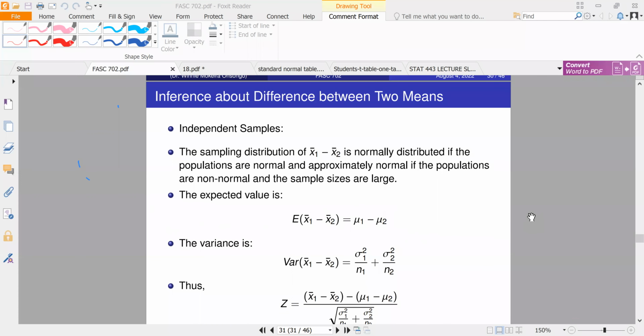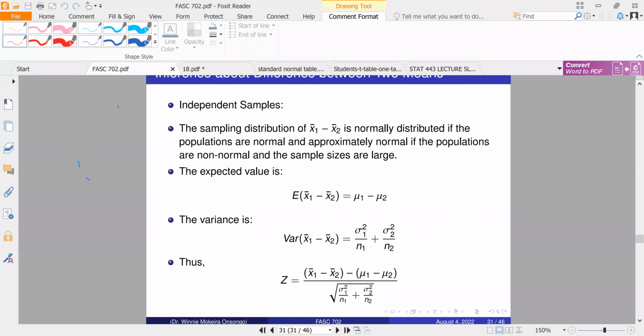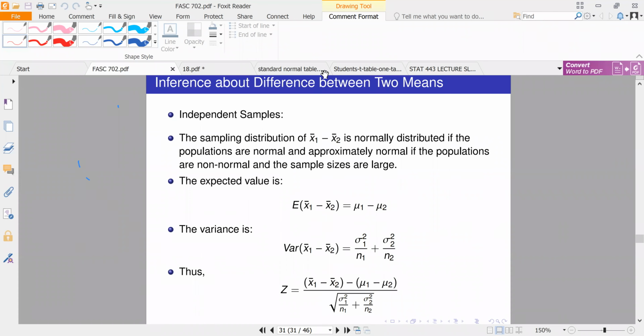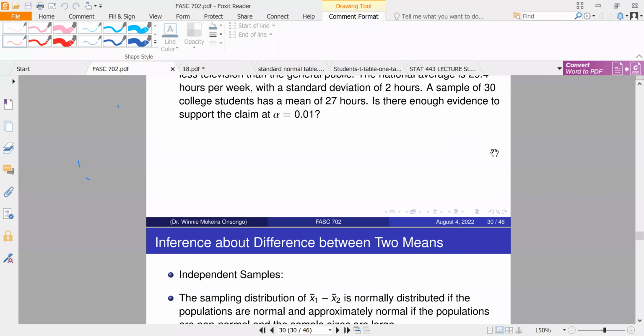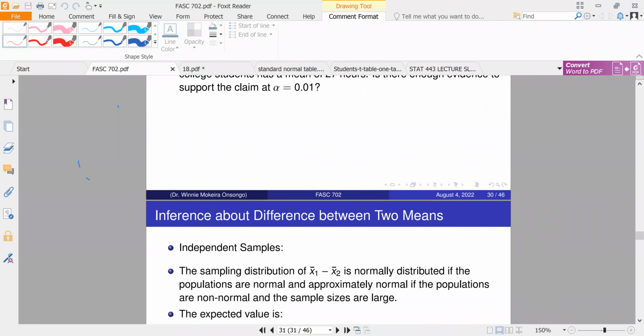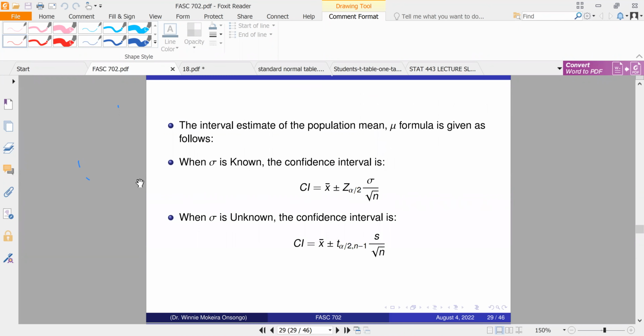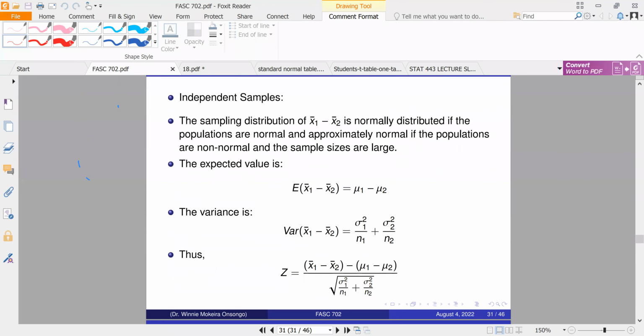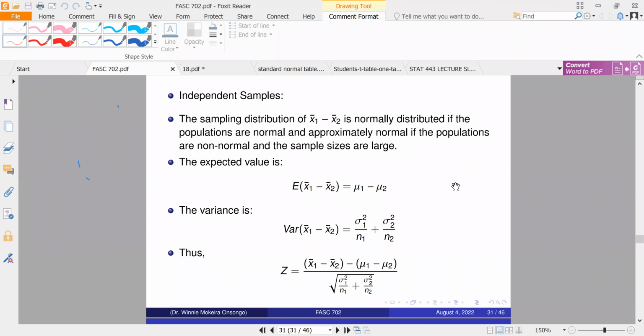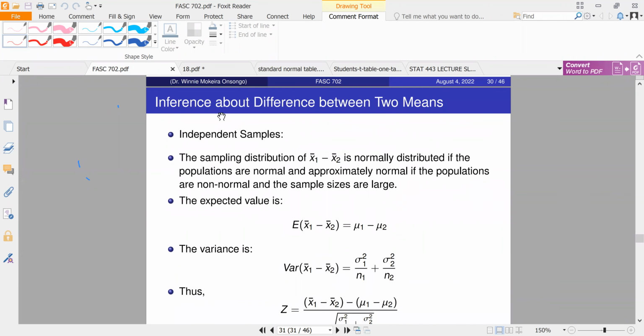Now, that is how you calculate the confidence interval for a parameter like the population mean. Now, in the next case, we are having cases of inferences. In this, we want to make inference about the difference between two means.